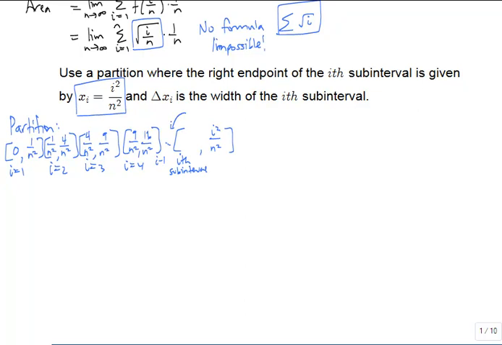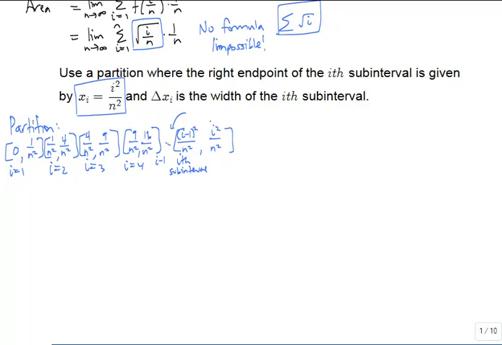So this would be this formula with not i plugged in, but with 1 less than i. So plugging in (i minus 1) squared over n squared. So this is what the ith subinterval would look like: i squared over n squared on the right, and (i minus 1) squared over n squared on the left.